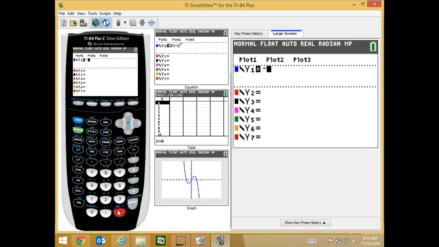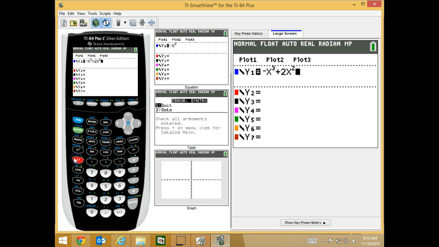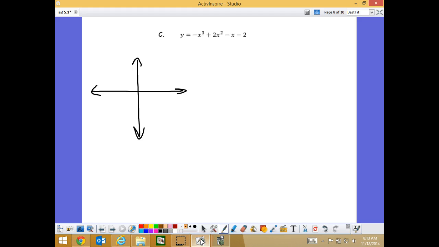And we have -x cubed, and again, to get out of that exponent, do right arrow, plus 2x squared minus x minus 2. Just to take a quick look, make sure I got that correct, and I do.